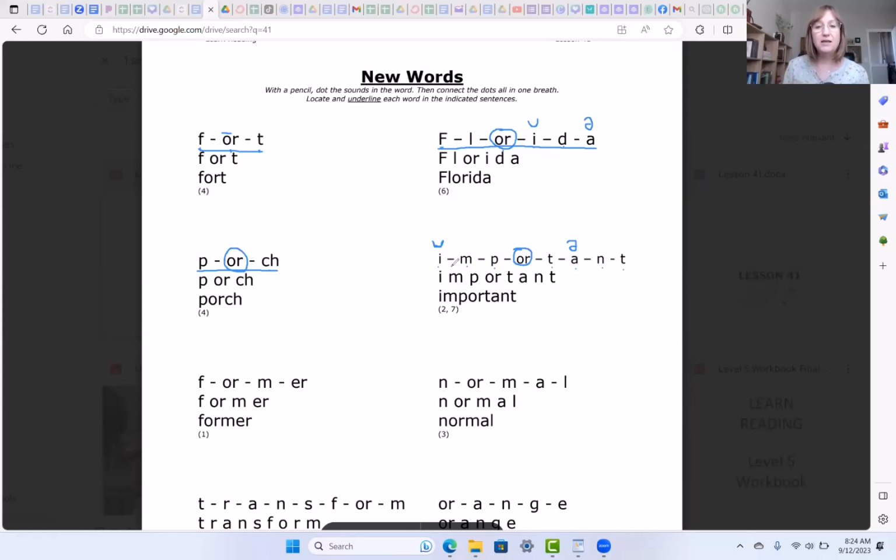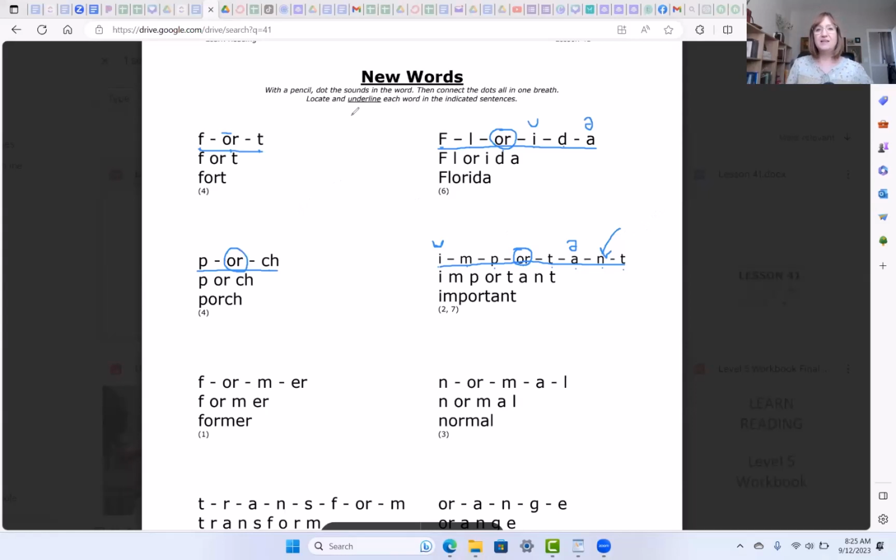So the sounds are i, p, or, t, ah, n, t. When you push those sounds together, you have important. Important. Make sure you grab every single sound when you read it. Important. Especially this N. Important.